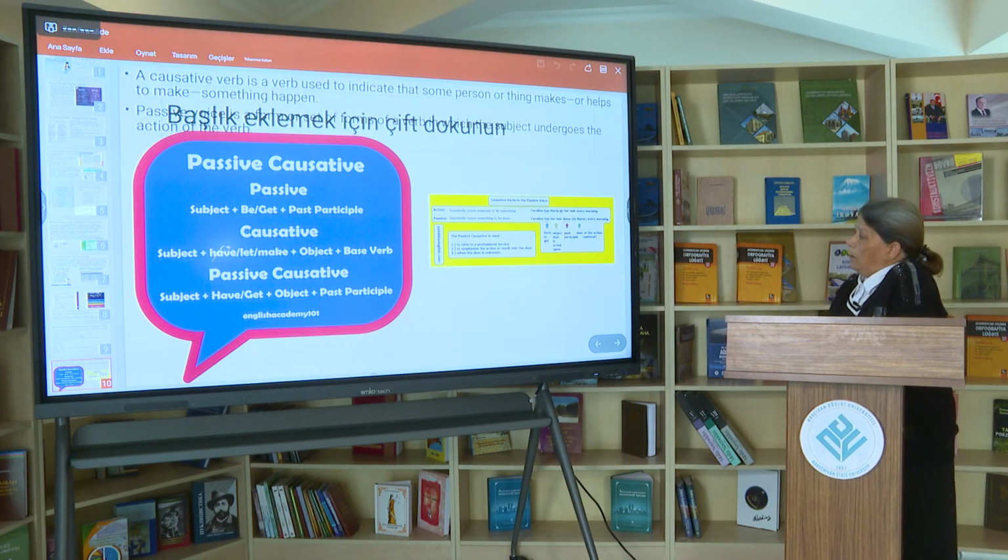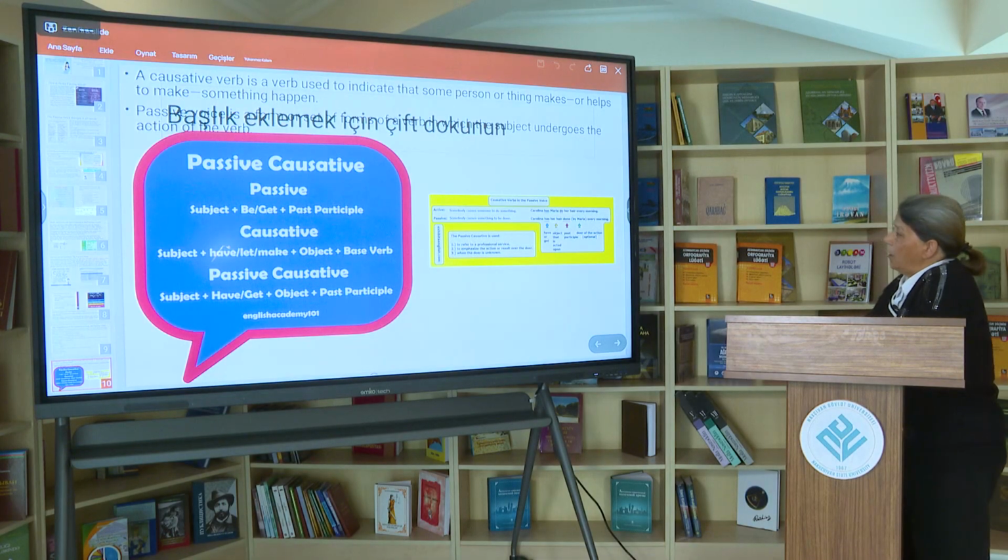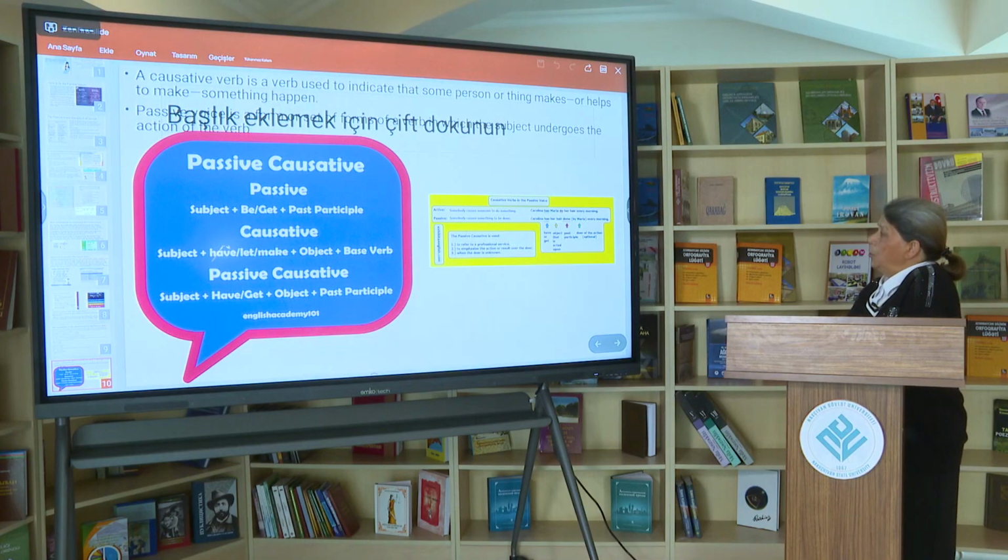Let's look at some examples. In active sentences, somebody causes someone to do something, or somebody makes someone do something. For example, Caroline has Mary do her hair every morning. Here it means that Caroline does not do her hair herself every morning, but she makes Mary do her hair.